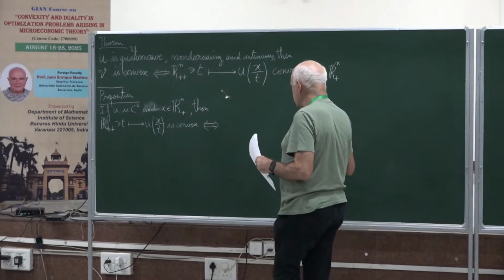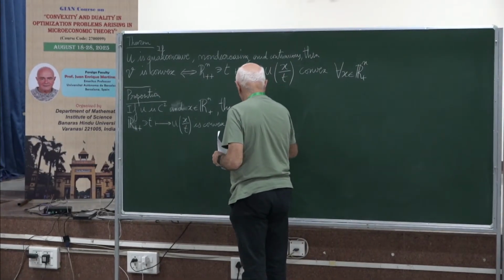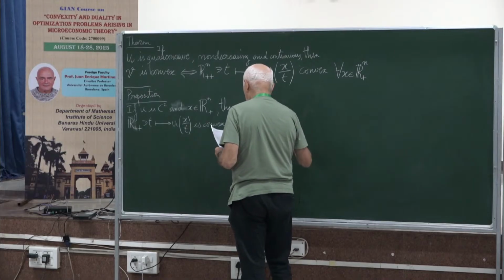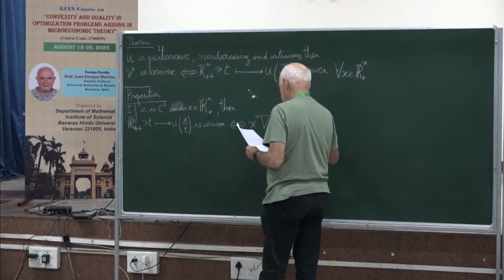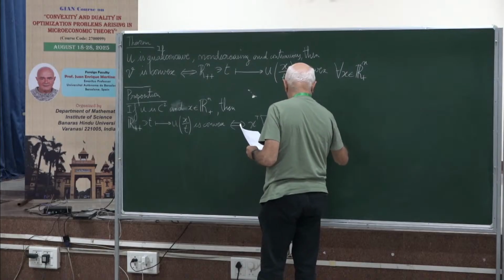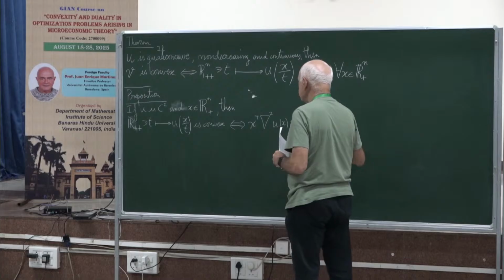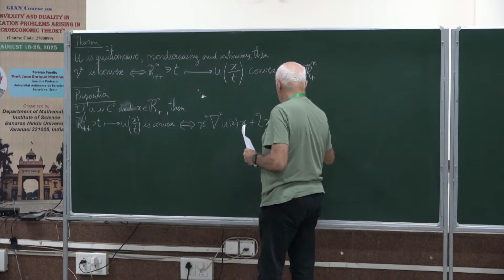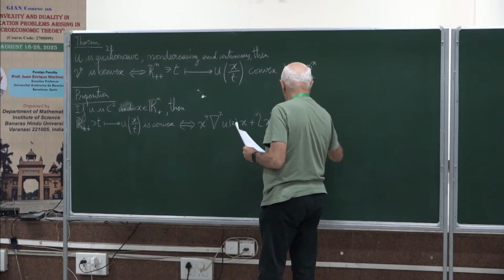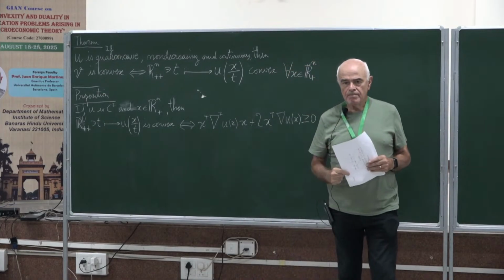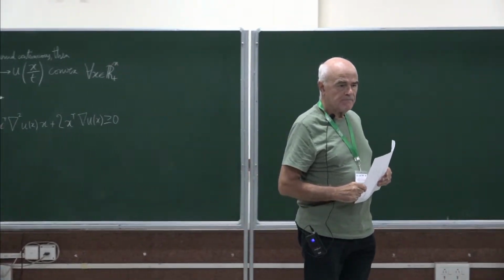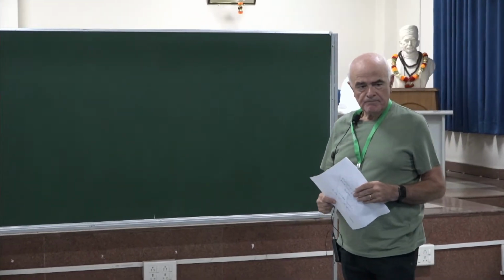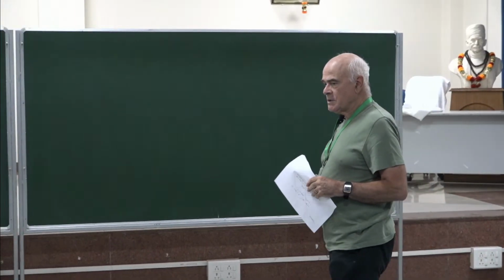Then simply that x transpose Hessian of u of x times x plus 2 x transpose gradient of u of x is greater than or equal to 0. That's the property. Okay? And the proof is simple.